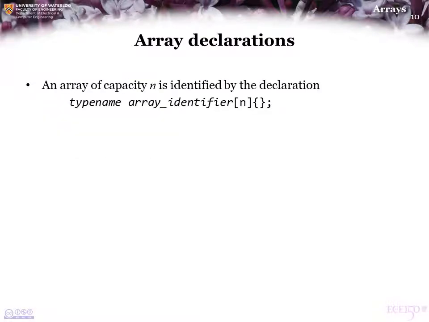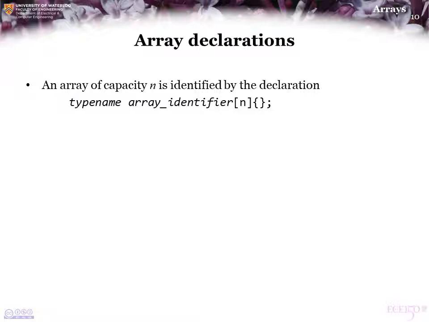Now, an array of capacity n, capacity being the number of values that it can store, is declared as follows. First, you have the type, then you have an identifier, and that identifier is the name of the array, the same as a local variable may have an identifier name.